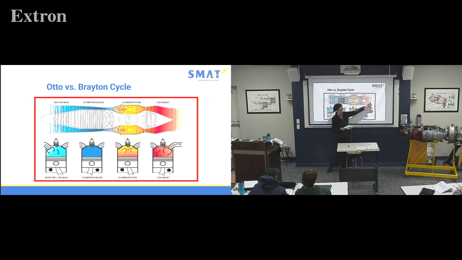Convergent duct. And all of this volume is expanding, pressure decreasing, converting to a final high velocity, and our equal and opposite reaction force creates thrust.